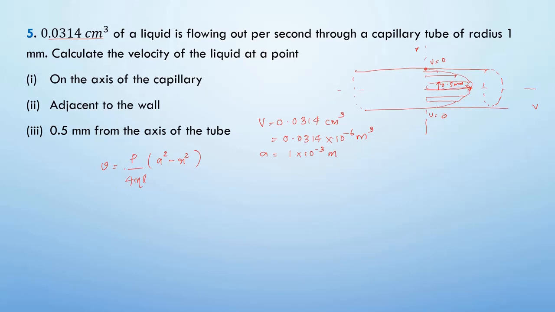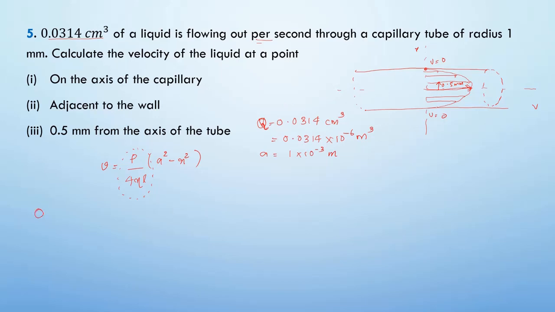But we need to calculate for this value of v, and we do not have values for pressure, eta or length. We only have the value for a, and we need to find the velocity at a different x. But it is given that the liquid flowing out per second, that is the volume rate of flow Q, is this.